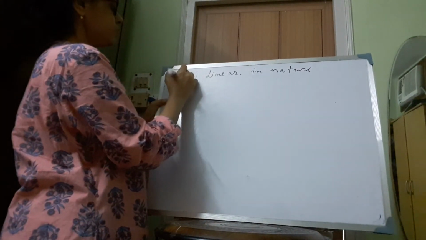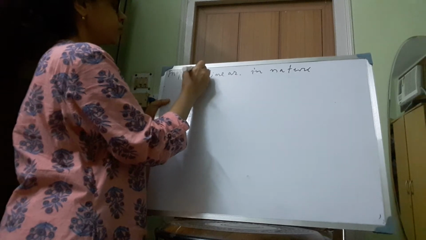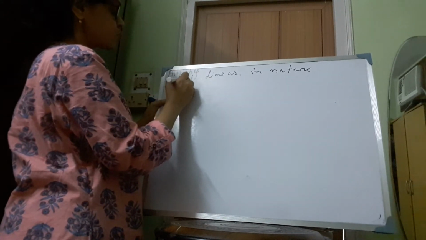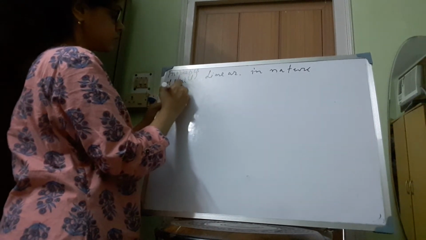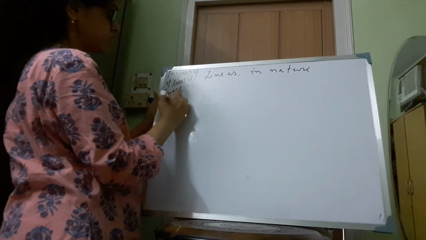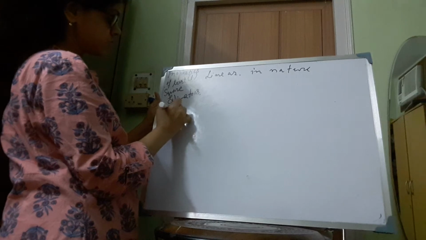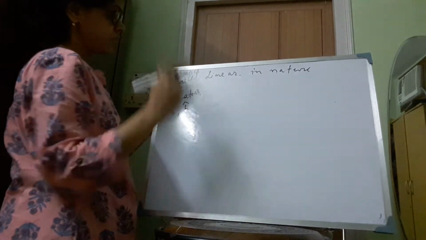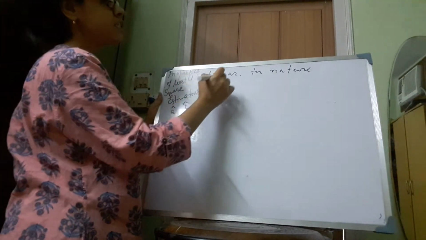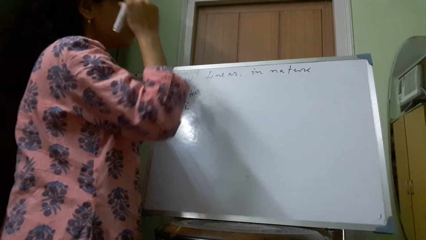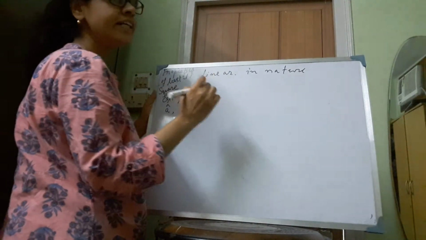So now we are considering the properties of least square estimators. So in our case, we are considering the properties of a hat and b hat. So the first property is it is linear in nature. Now linearity means it is linear in parameters.